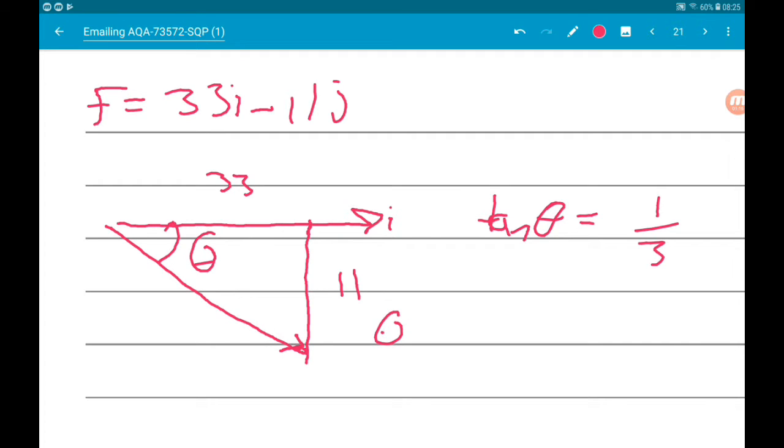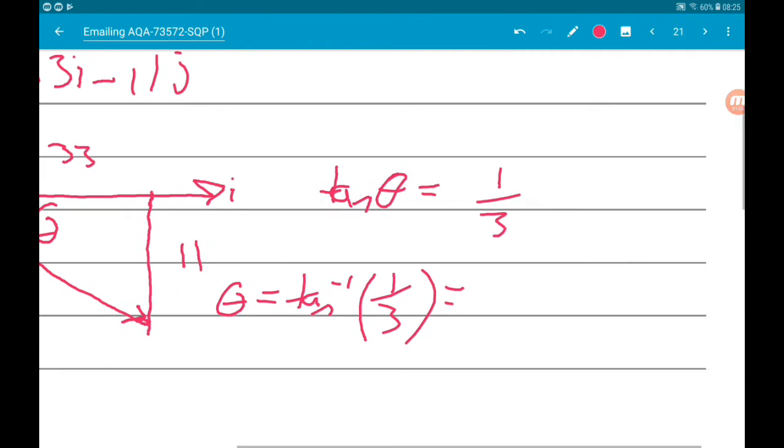So, theta is the inverse tan of 1/3, which to the nearest 0.1 degree is 18.4 degrees. Cool.